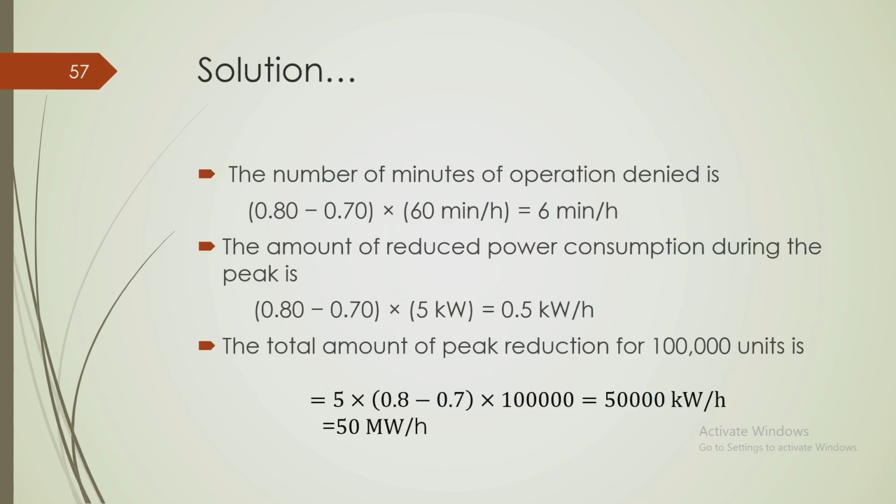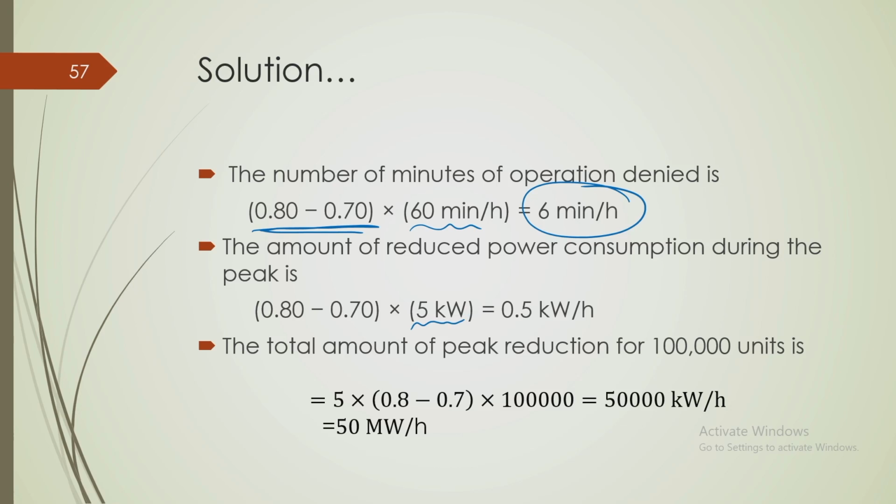So, it is a very simple question, but this will give you some numerical facts through which you can appreciate that even a reduction of 10% of duty cycle may result in a huge amount of power. Now, if you reduce this duty cycle from 80% to 70%, then per hour you are denying the operation for 6 minutes. That means, I am forcing this air conditioner to be switched off or non operational for an additional 6 minutes.